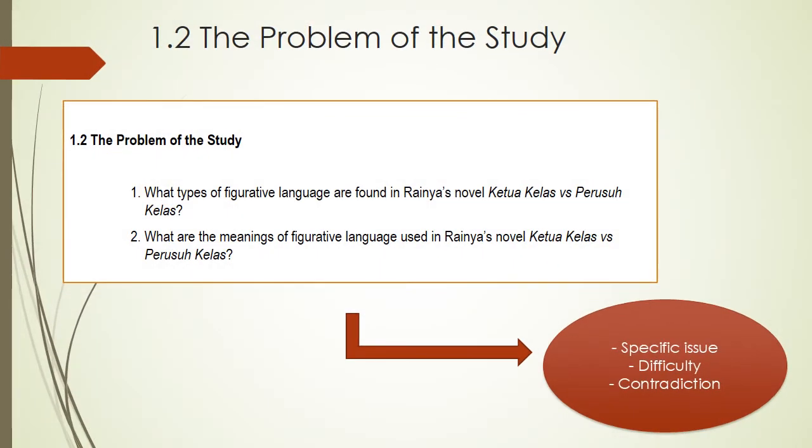The problem of the study. A research problem is a specific issue, difficulty, contradiction, or gap in knowledge that you will aim to address in your research. You might look for practical problems aimed at contributing to change, or theoretical problems aimed at expanding knowledge.